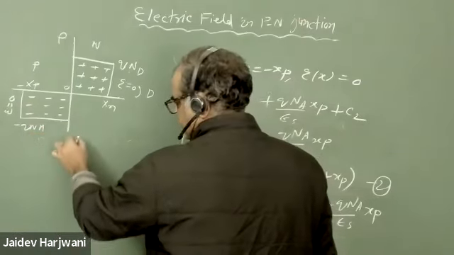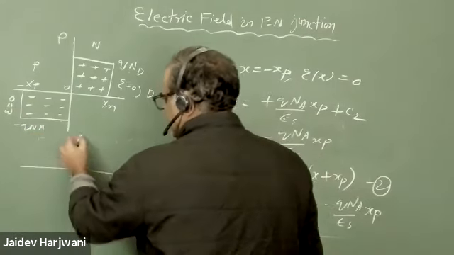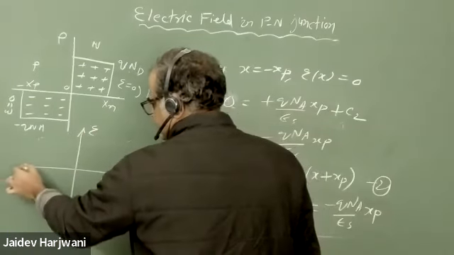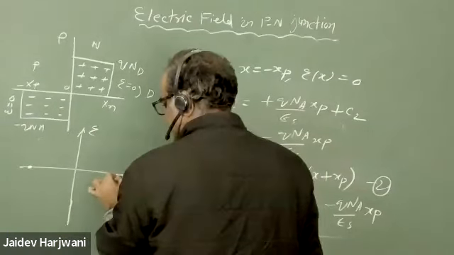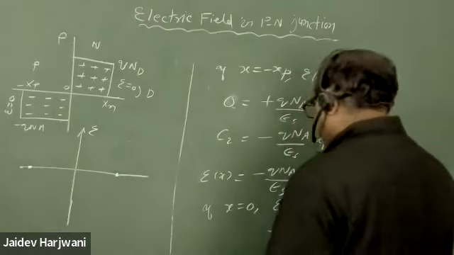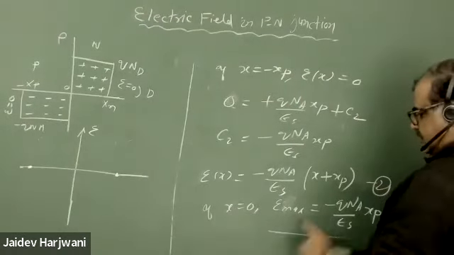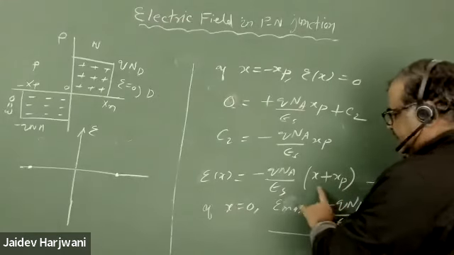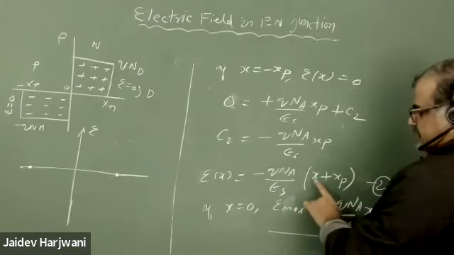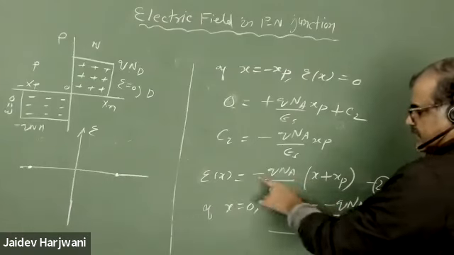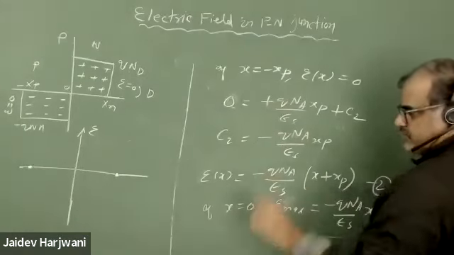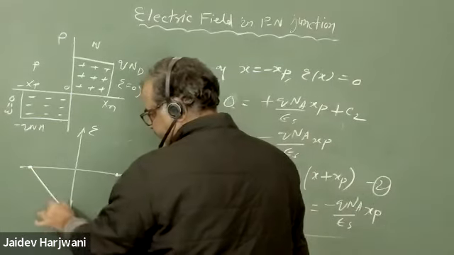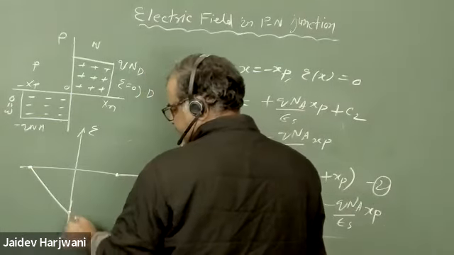So if I plot the electric field here, I know the electric field is 0 here, and here also the electric field is 0. The maximum value is here. On the p side there is a negative slope, minus q Na over Es, and it reaches a maximum at the boundary.